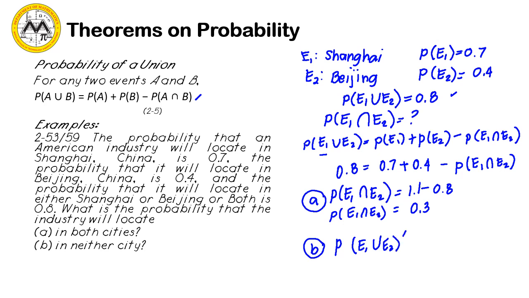That would be 1 minus the probability of E1 union E2. So that would be 1 minus 0.8, and that is 0.2.